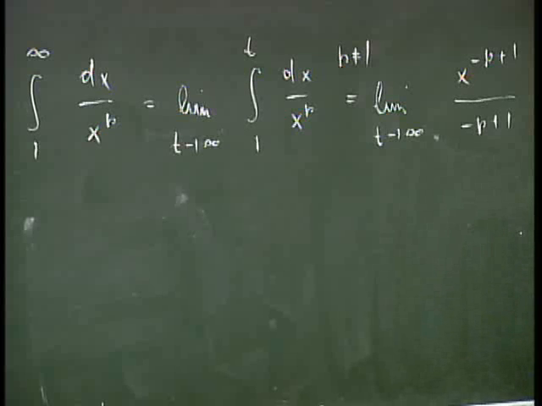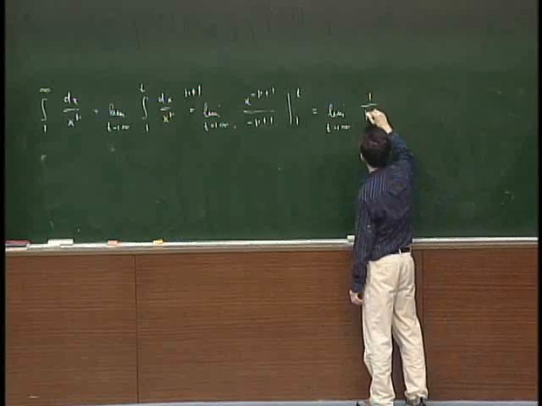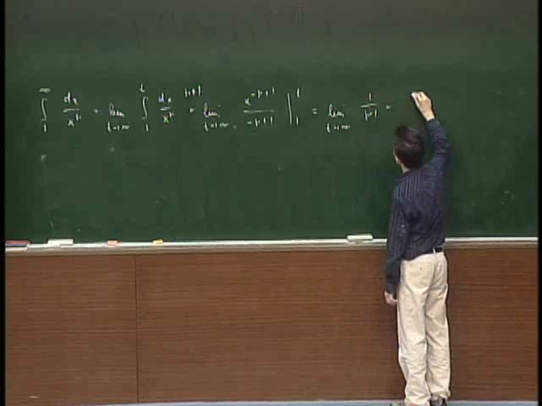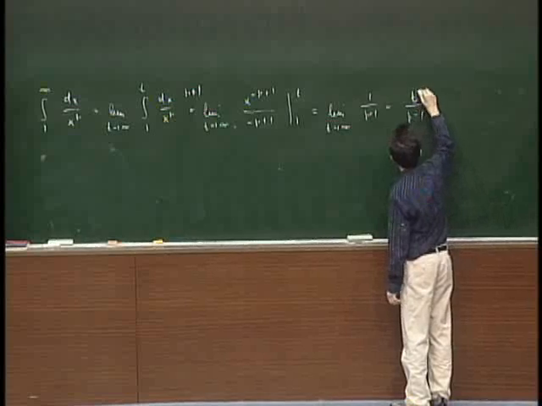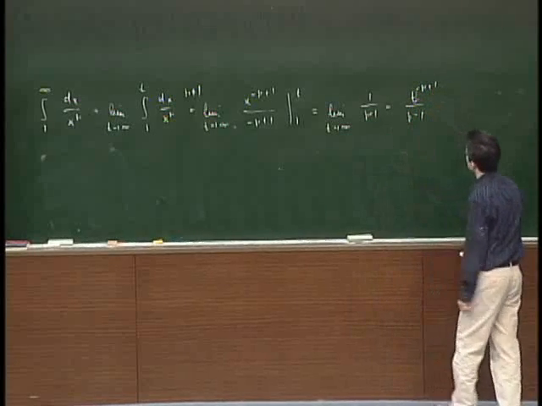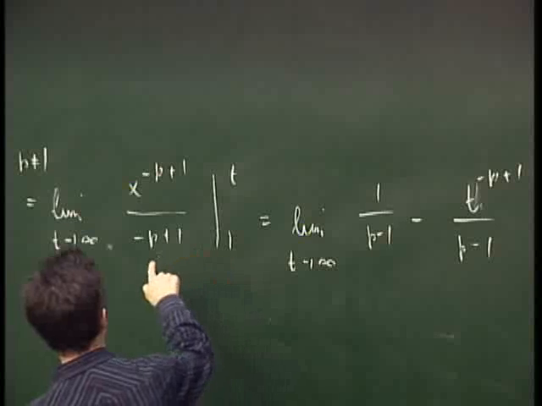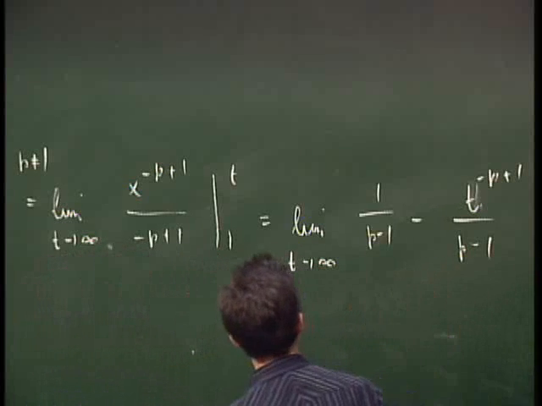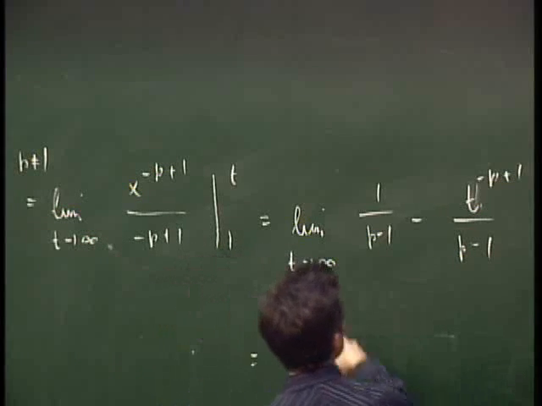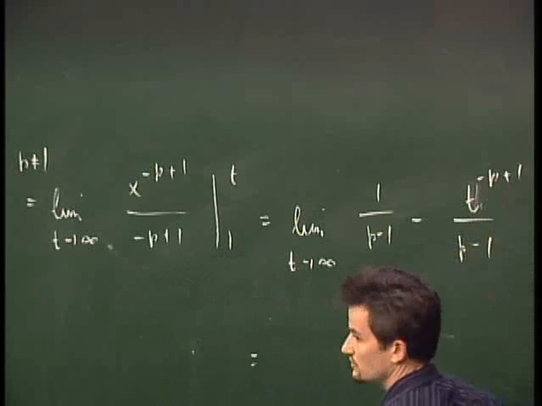So what you get is the limit as t tends to infinity of 1 over p minus 1 minus 1 over (p minus 1) t to the p minus 1. Now, as t tends to infinity, what you need is that p is larger than 1 so that this limit exists. Otherwise, this limit tends to infinity.